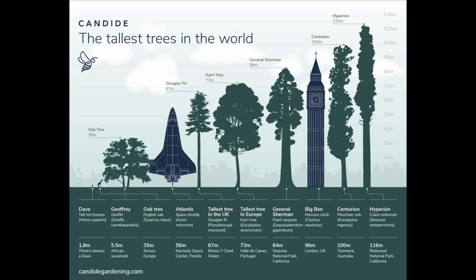And the ones that I'm kind of drawn to are sort of in the middle. There's this Douglas fir. This one's in the UK. But there's one in Canada, which I'll show you a picture of here that I really like. And General Sherman. I mean, look at that, very, very impressive there, over next to Big Ben, which is a giant sequoia. And then of course we've got Centurion, which is a eucalyptus, a mountain ash, I guess, which is kind of an interesting variety, interesting style in that tree.